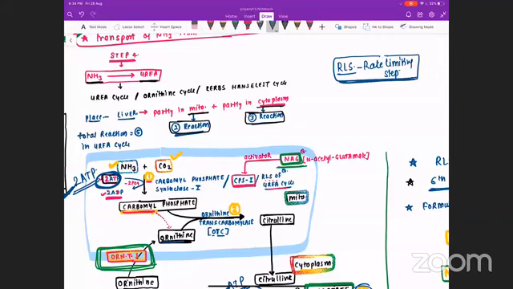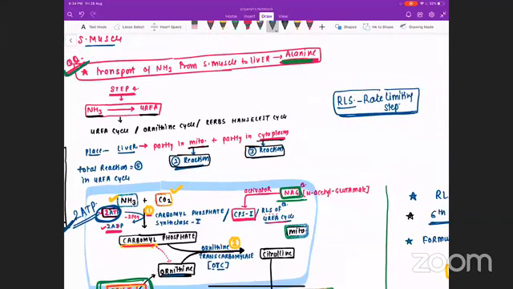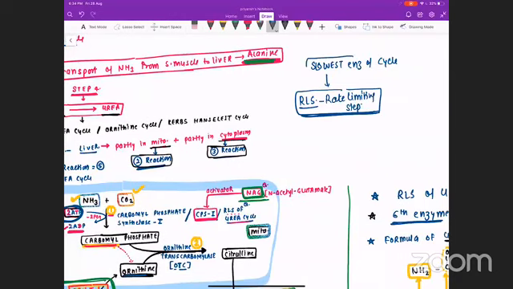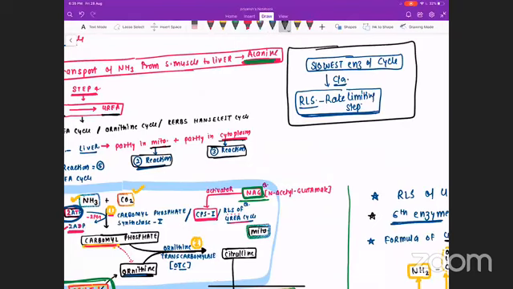Rate limiting means the slowest enzyme of the pathway is called the rate limiting step.